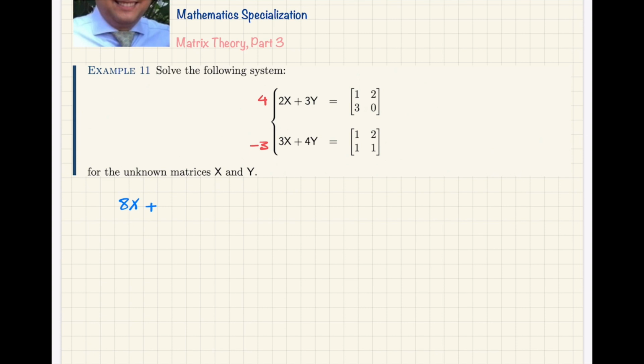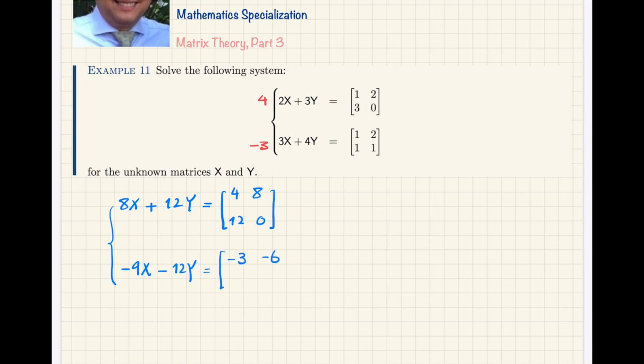So I justified that everything that I am doing is mathematically legal, yes. So it is 12y is equal to, on the right-hand side I will have 4, 8, 12, and 0, and then I multiply the other one by minus 3, it becomes minus 9x, and then I will have minus 12y. On the right-hand side I will have minus 3.